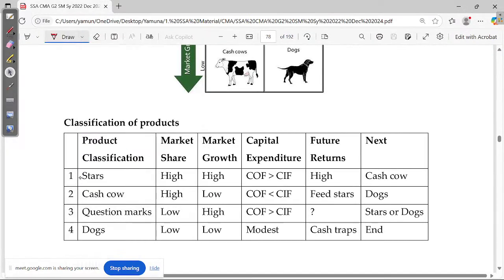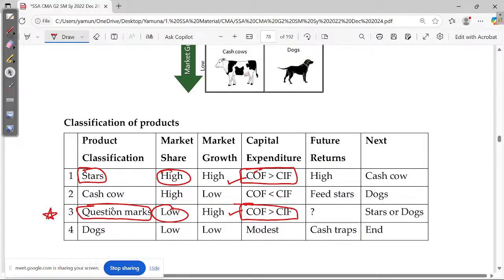Just focus on star and question mark. Market growth is high, and capital expenditure follows this relationship. But your market share is low here. If you are in the question mark position, your market share is low. So what about the future returns? No idea.